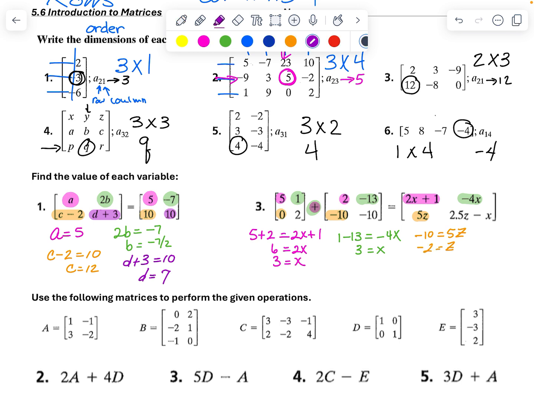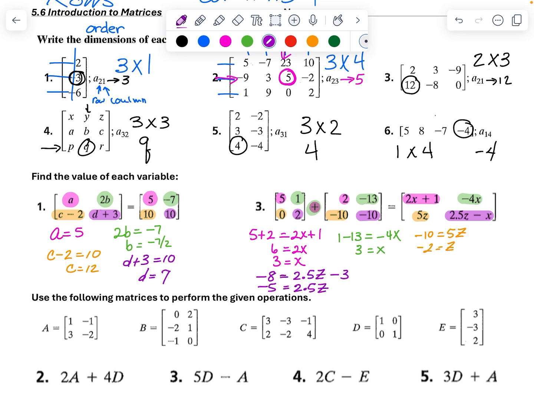And lastly, 2 and -10 are this. So let's see, what do we have there? 2 minus 10. So -8 is equal to 2.5z minus x, but x was 3. So that would be negative 5 is equal to 2.5z.